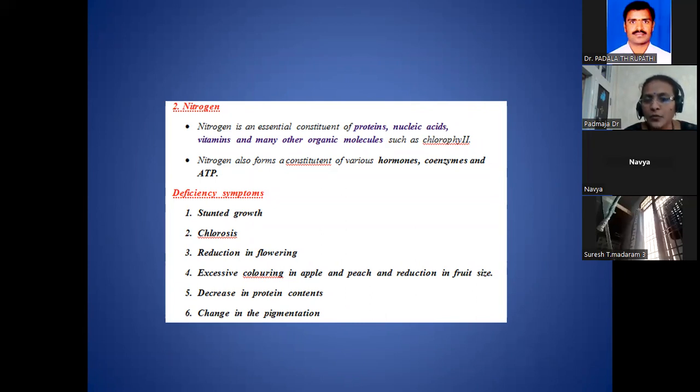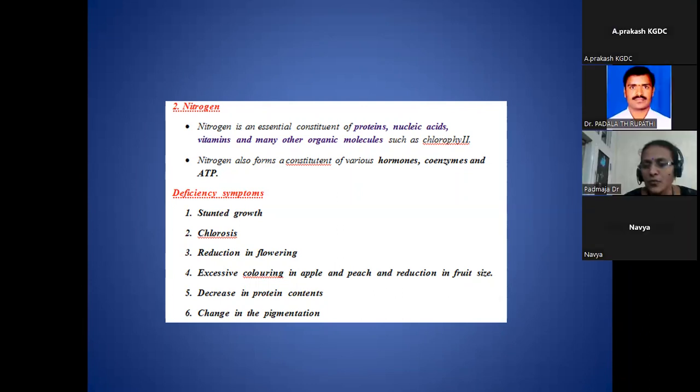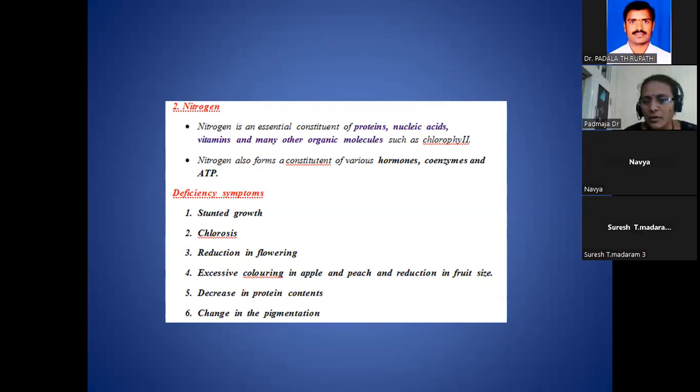So the fruit size and the commercial value of the fruit will decrease, and there is a decrease in protein content. There is no production of proteins, and the plant growth will be affected. There won't be any chlorophyll formation, so as a result yellowing is seen here. These are some of the effects of nitrogen deficiency.